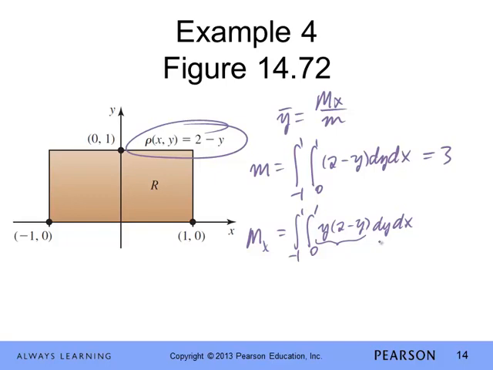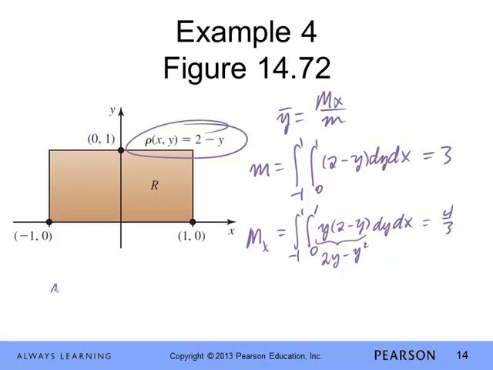Limits of integration are still the same though. So you're integrating 2y minus y squared. So your first step is you have y squared minus 1/3 y cubed. Evaluate from 0 to 1, and then x goes from -1 to +1. All right. So easy integral to solve. That works out to be 4/3 for that moment.